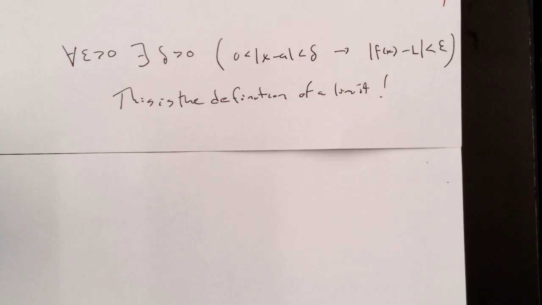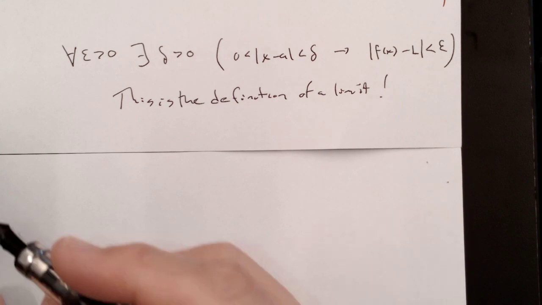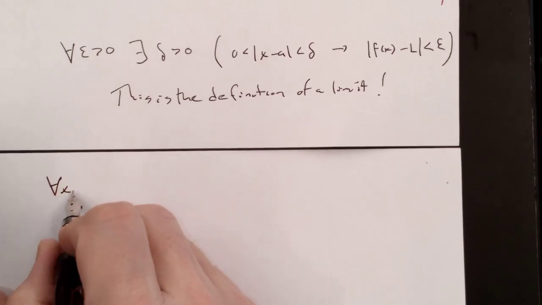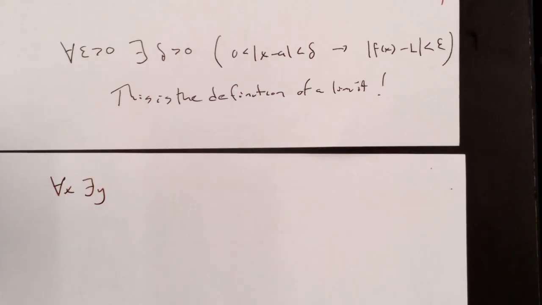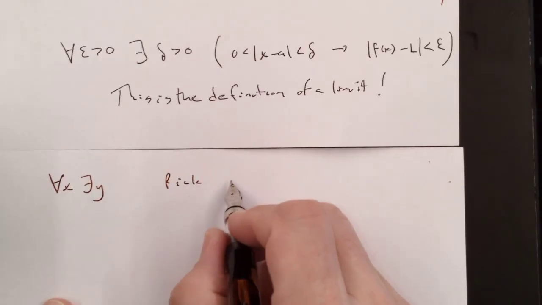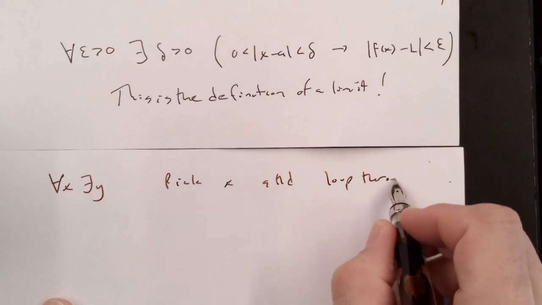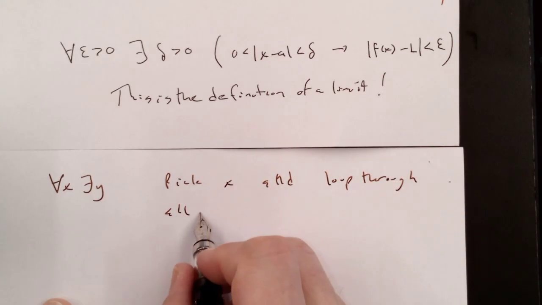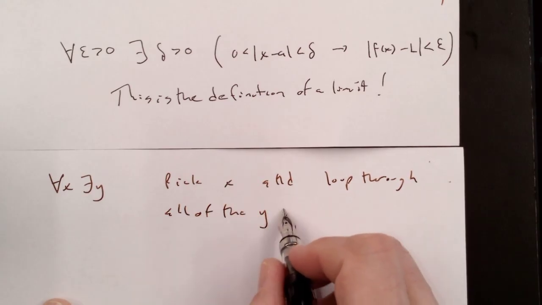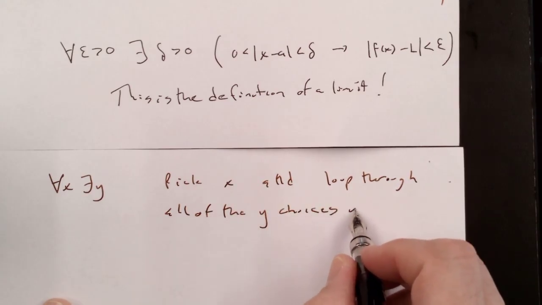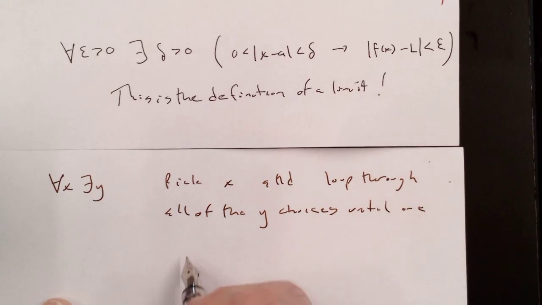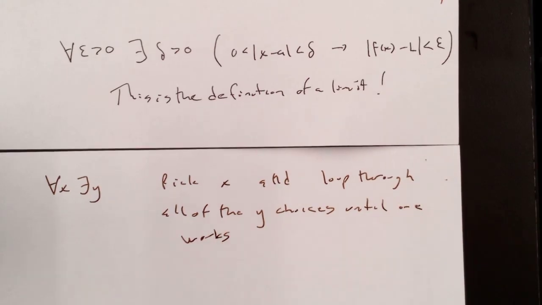If I have a universally quantified statement, and I say something like this, right? Then I pick an x, until one works.